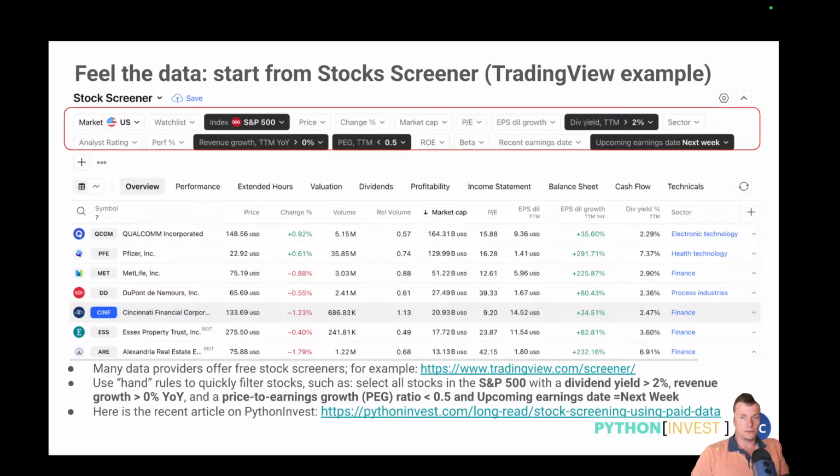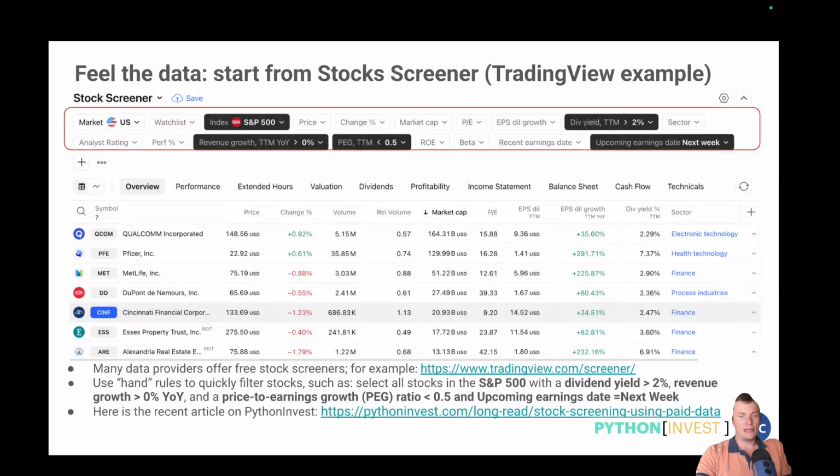So before you try to combine that many data sources, I'd advise you to play with the data. And a popular tool is called Stock Screener.